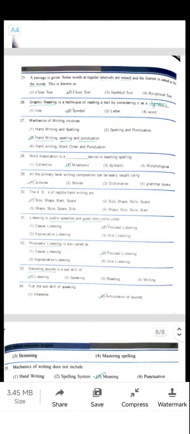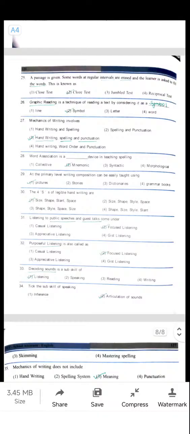Question 30: the four S of legible handwriting are size, shape, slant, space. These four things are important here.